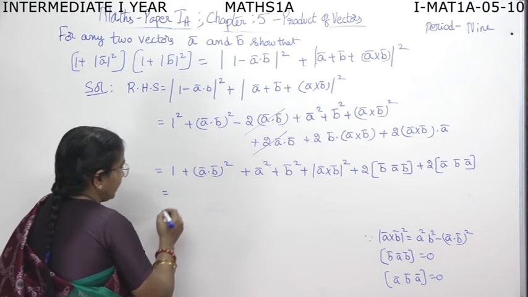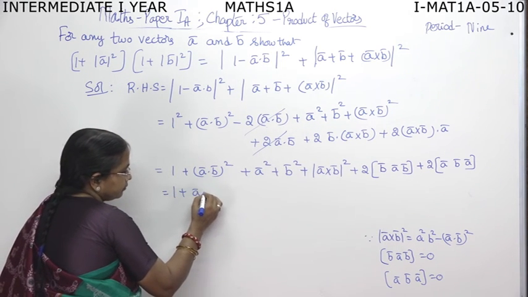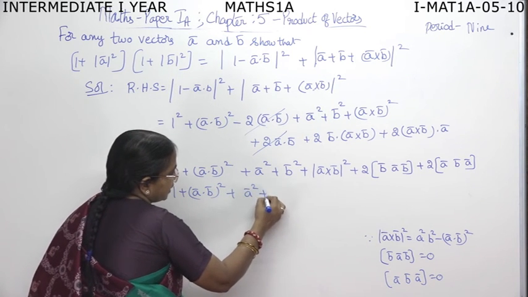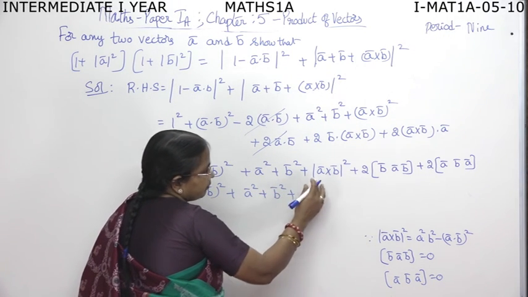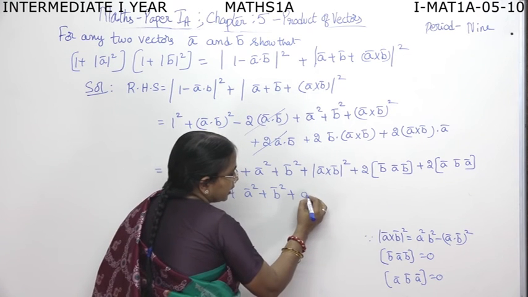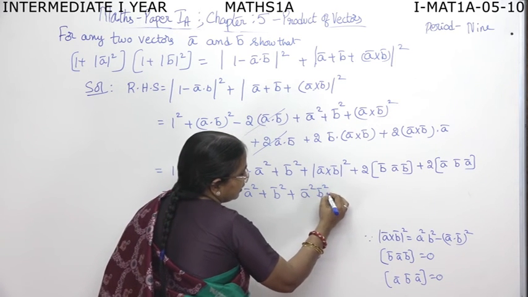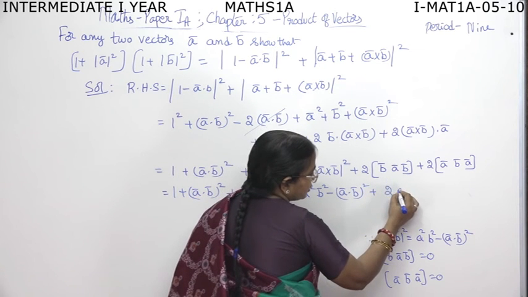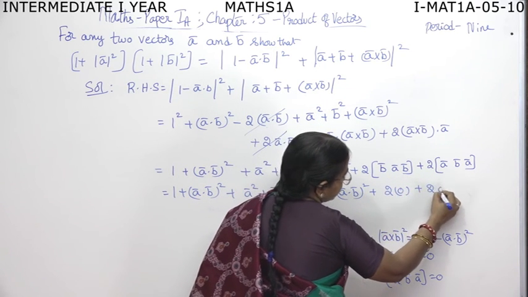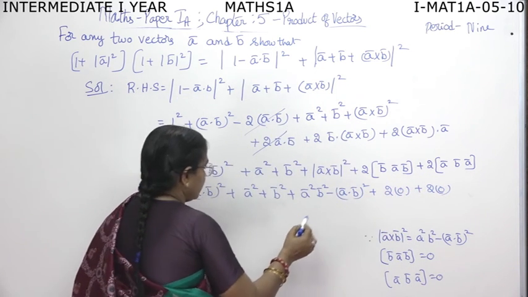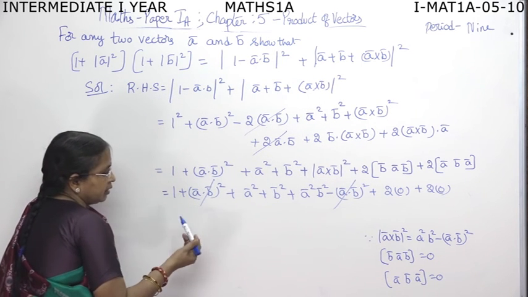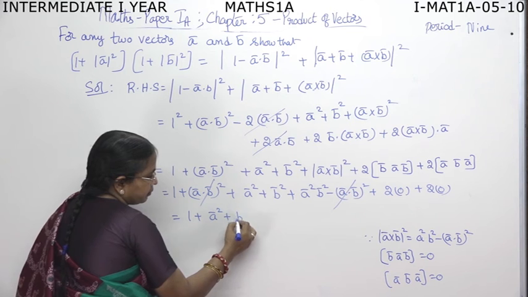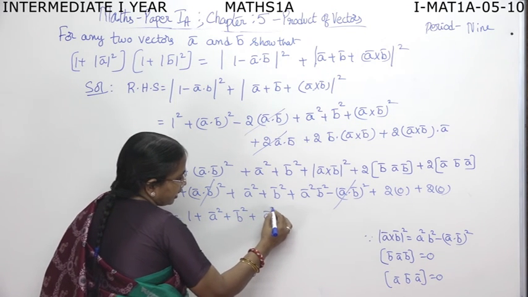Now substitute the values. So it is 1 plus (A dot B) whole square, plus A square plus B square, plus, write the formula, A square B square minus (A dot B) whole square, plus 2 into 0, and this is also 0. Now (A dot B) whole square gets cancelled, and you will have 1 plus A square plus B square plus A square B square.